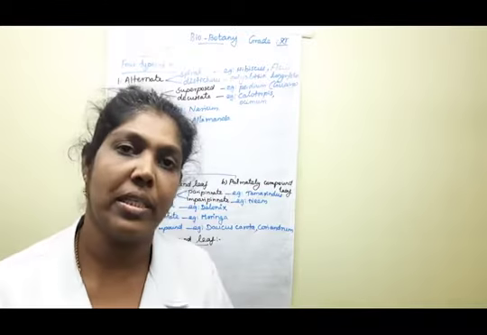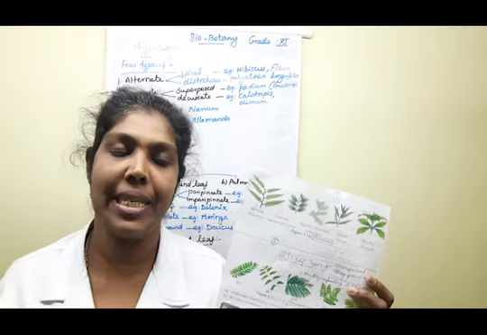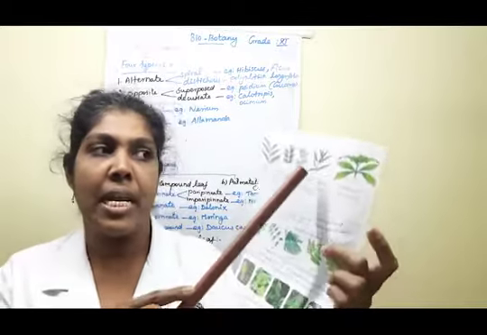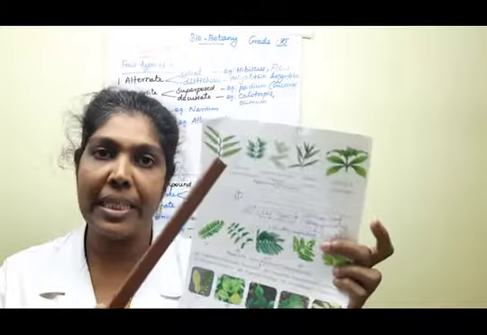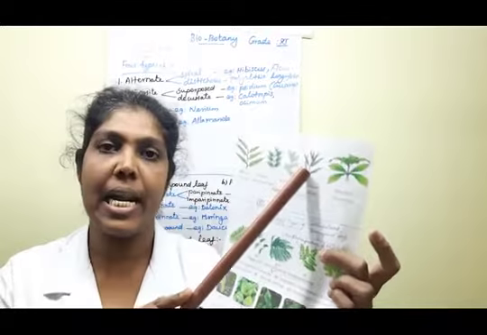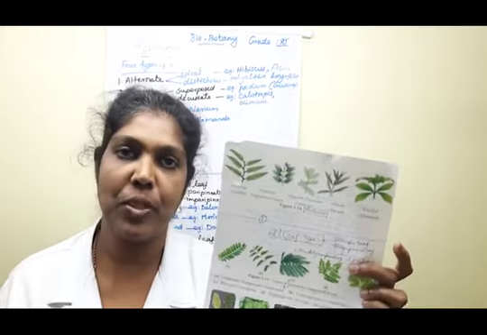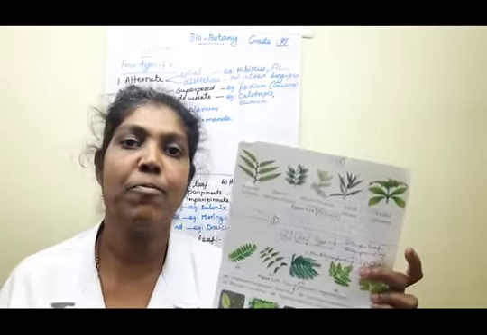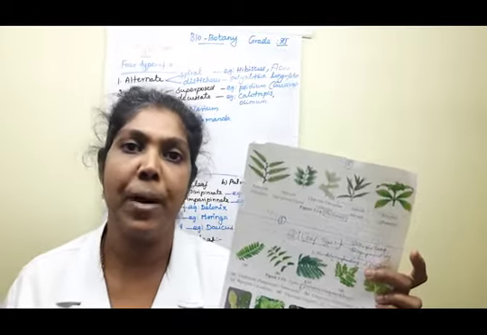That is known as ternate phyllotaxy. A good example of the species is Nerium. So each nodal region bears three leaves. That type of phyllotaxy is known as ternate phyllotaxy. The good example of the species is Nerium, Arali.